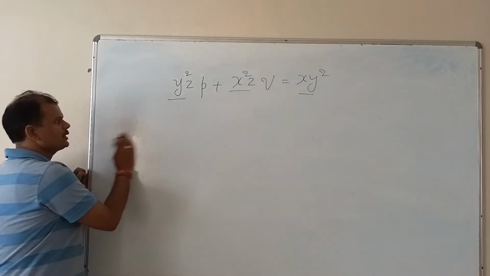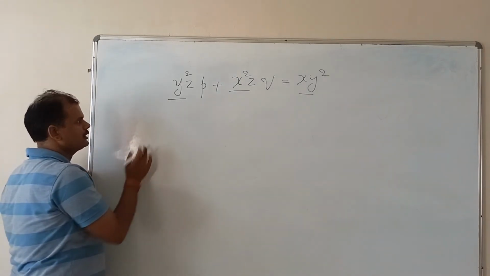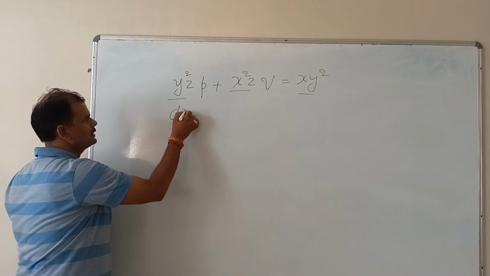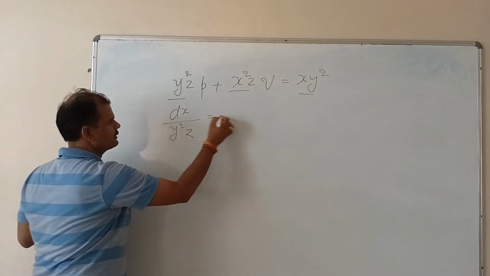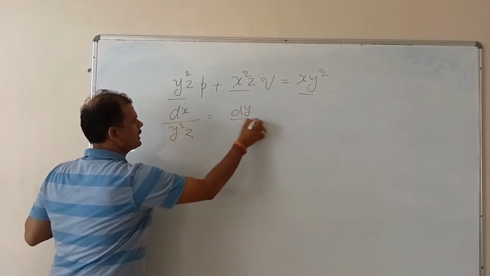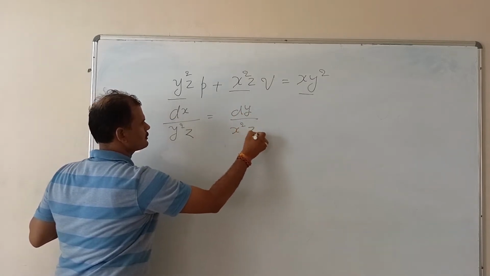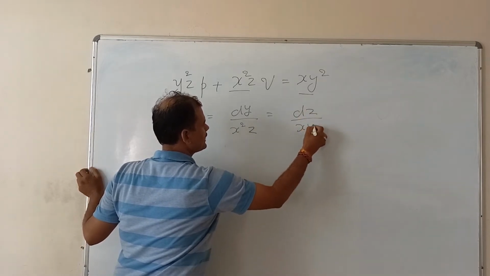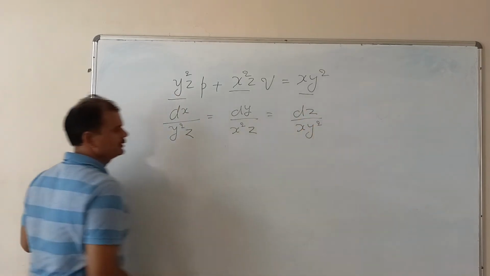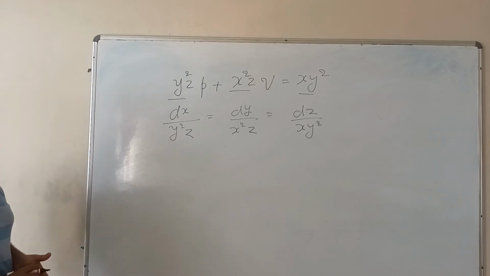Now let me write the auxiliary equation. That will be dx by y square z equal to dy by x square z equal to dz by x y square. So this is your auxiliary equation.